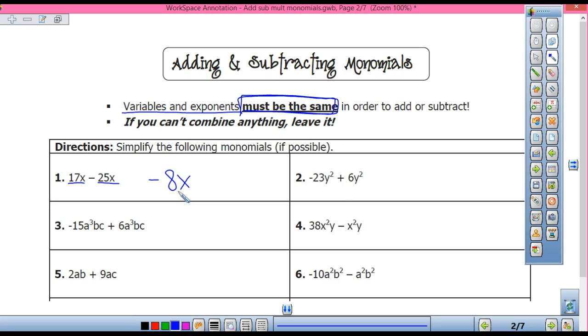Okay, so this one, I have a y squared and a y squared. Are they the same? Yep. So then we just do what it says, negative 23 plus 6. Negative 17y squared.